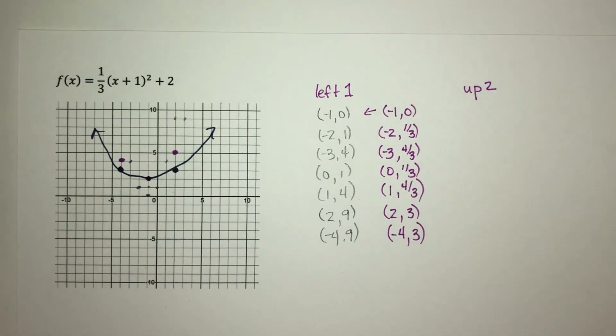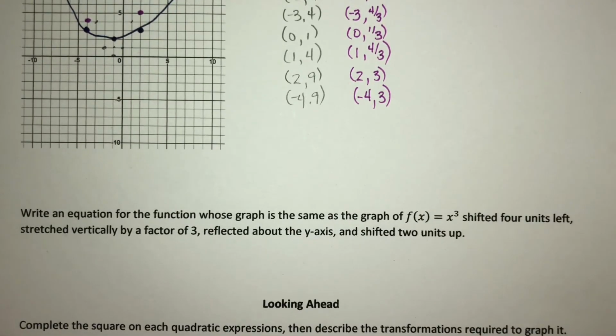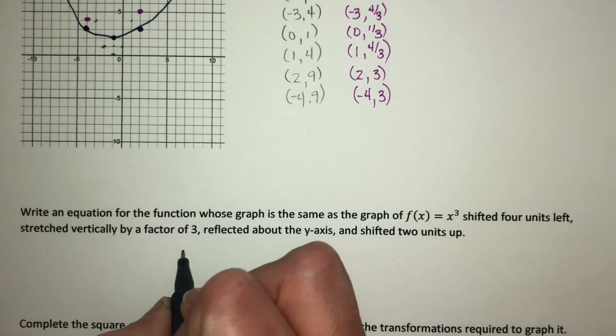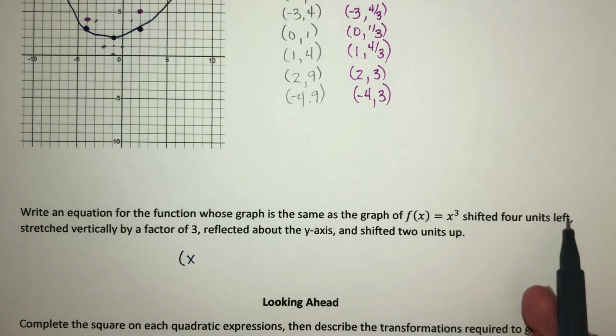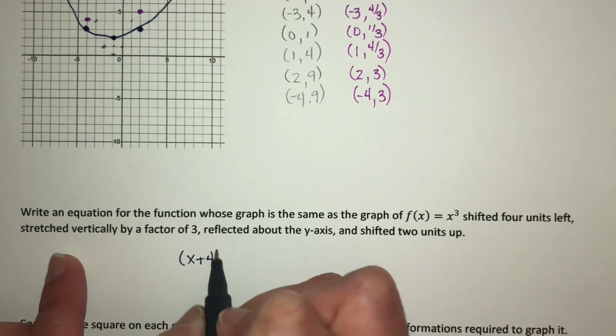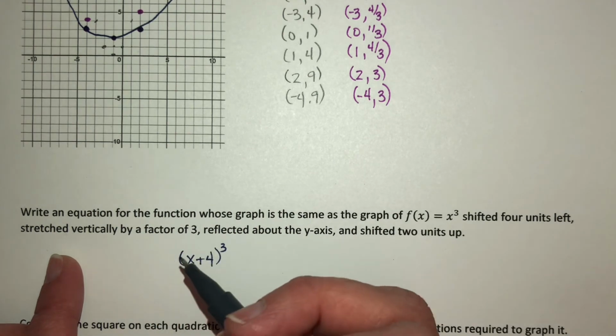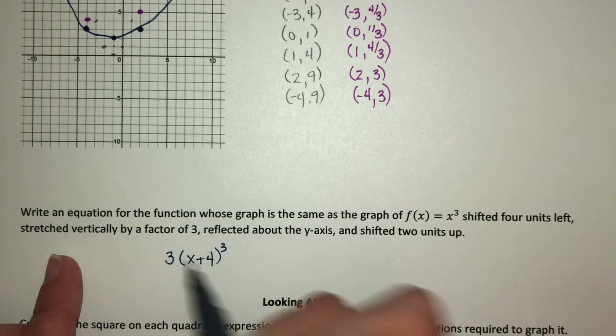All right, so now let's write an equation for the function whose graph is the same as x cubed. We're going to shift it 4 units left. Okay, so if I have x cubed shifted left, that's going to be x plus 4 cubed. Stretch vertically by a factor of 3. So vertically by a factor of 3 is going to be outside.